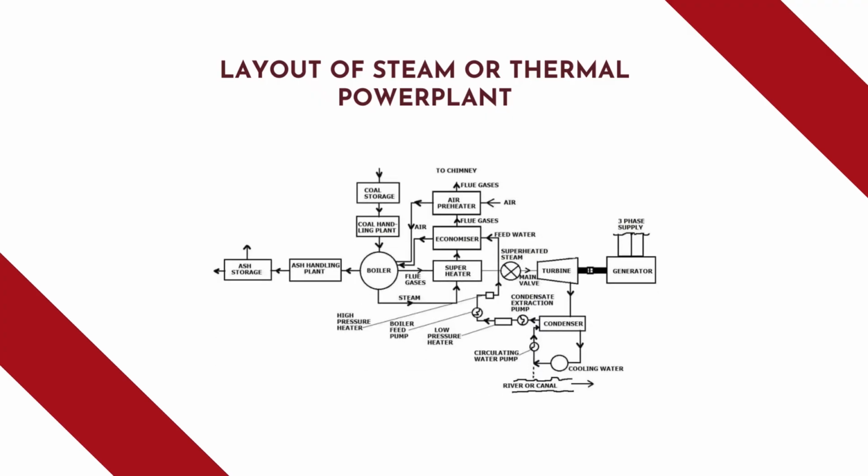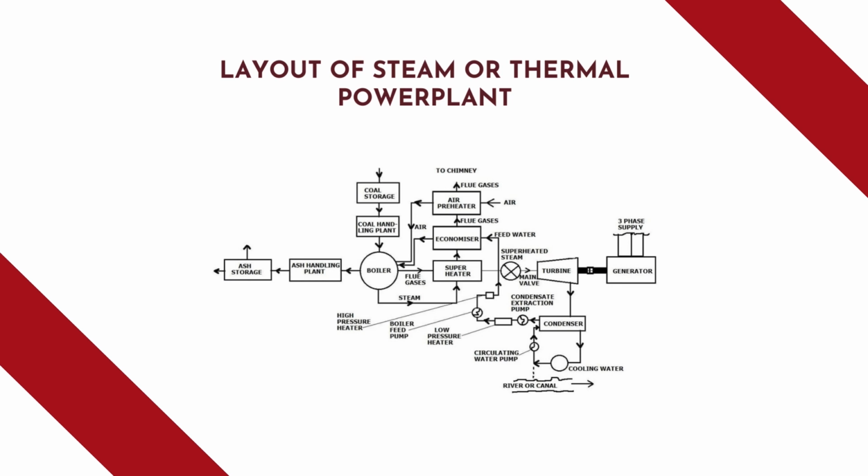Here in this picture we can see an elaborated view of a thermal power plant, where we can see the ash handling storage and ash handling system. Then we can see the boiler, and then the superheater. Then here we can see the superheated steam.